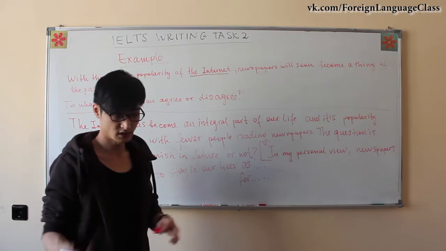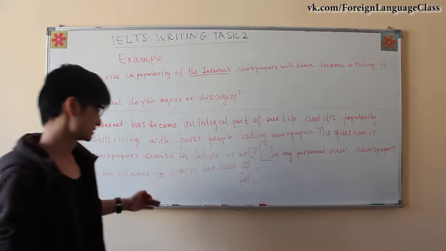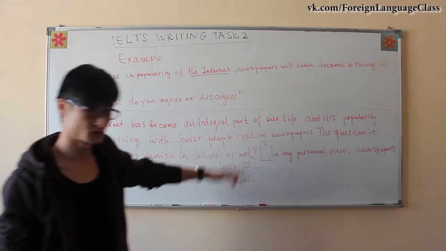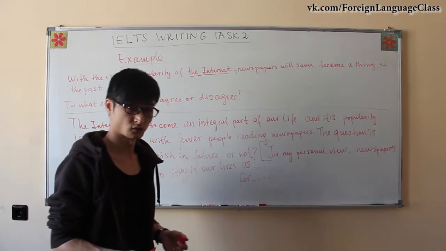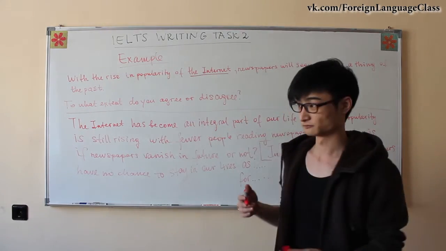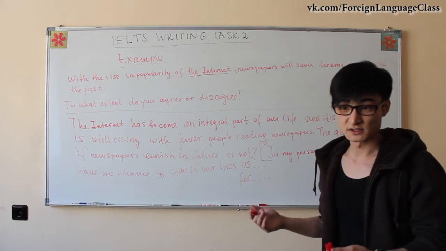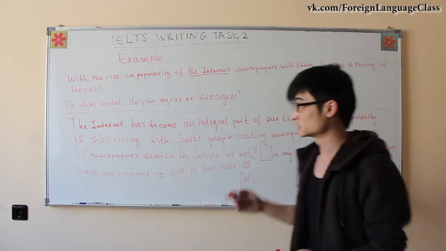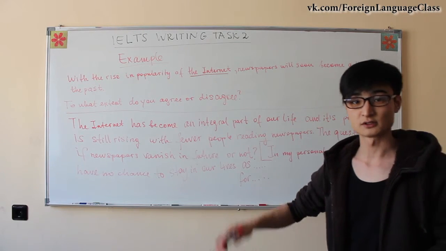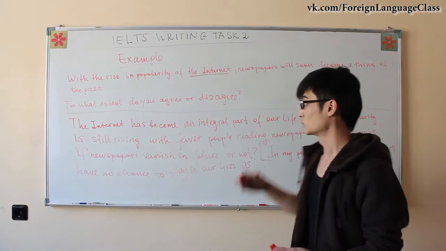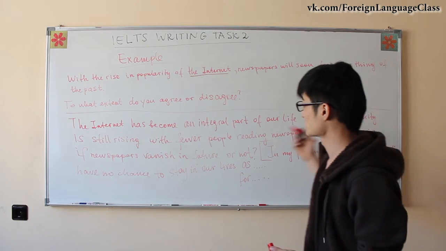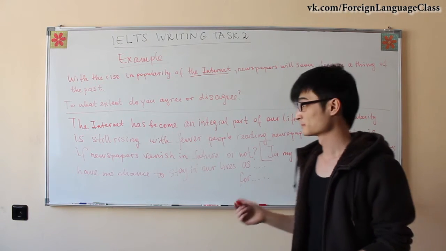If you decide to give your opinion in the conclusion, then from this point, go straight to the main body and write the main body, argue or give your own reasons, your own opinions, your own ideas on the topic, and in the conclusion, write your opinion. Will newspapers become a thing of the past or not?